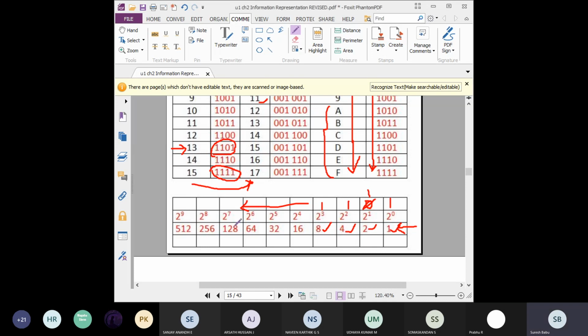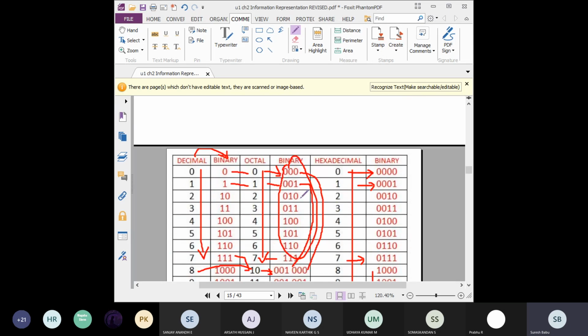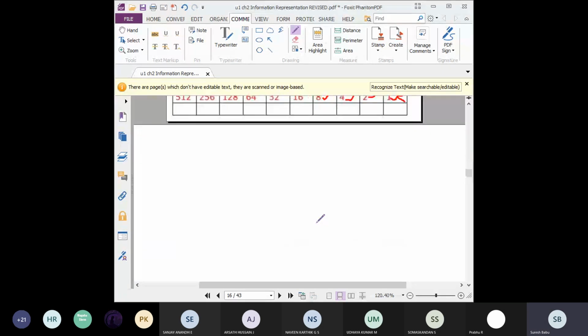Now we are going to convert from octal to other number systems, but kindly remember this tabular column. This tabular column only will help you to solve the problems.